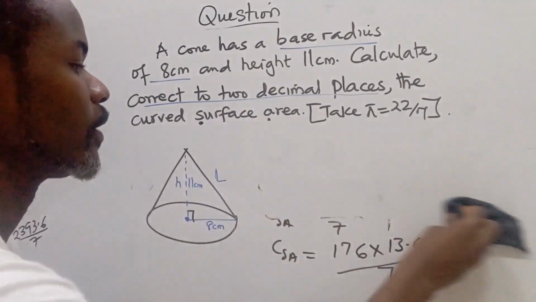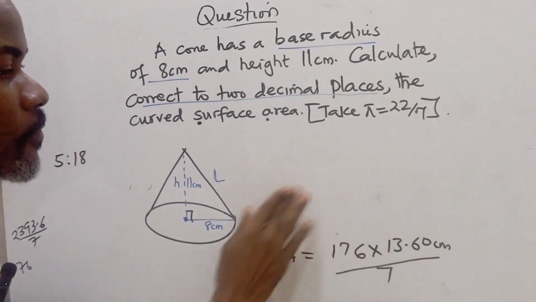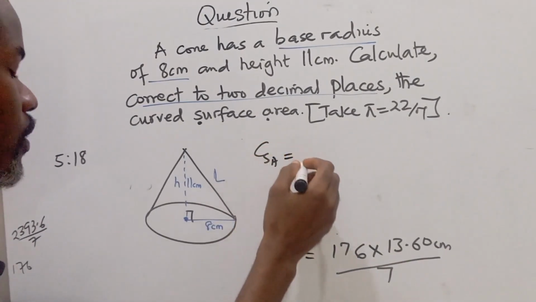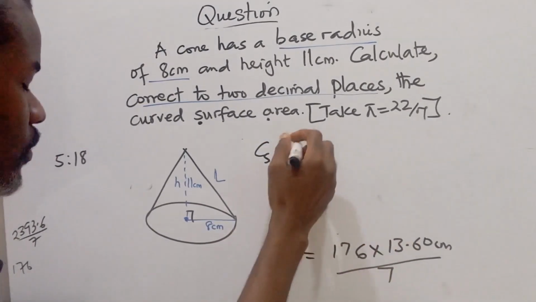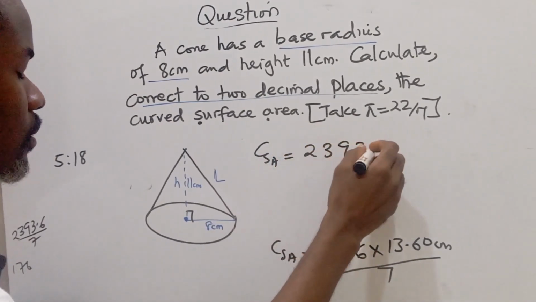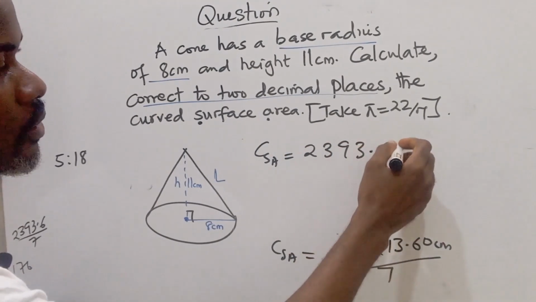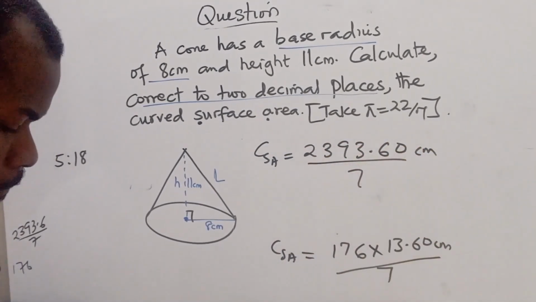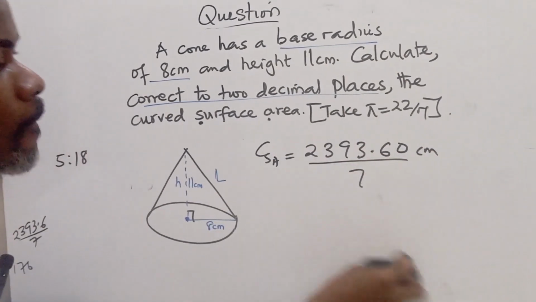If we multiply what we have, our curved surface area is going to be giving us 2393.60 divided by 7 centimeters.